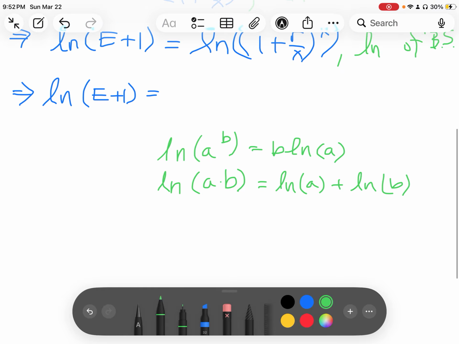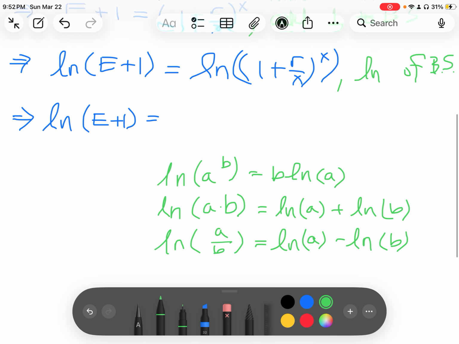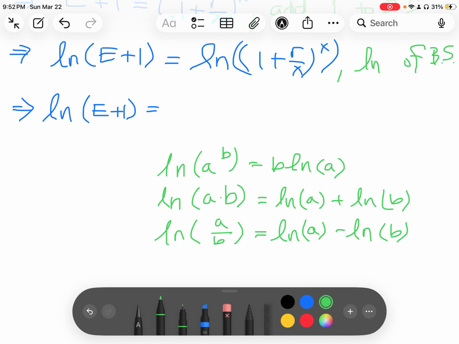And the other logarithmic rule is ln of a over b equals ln of a minus ln of b, right? The one we're going to use is the first one.